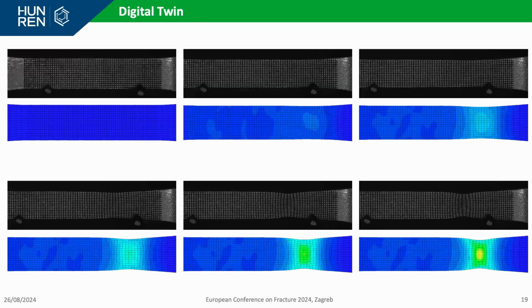Here you can see the digital twins, so you can see side by side the experimental and the simulation pictures. You can see that the evolution of the deformation is very similar, and that the necking occurs both in the simulation and in the experiment near to one of the heads.